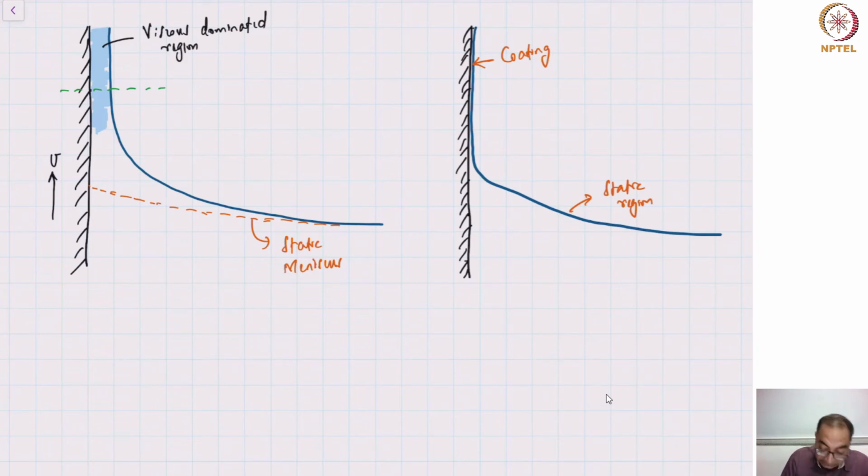Okay, in this region what you have is you have a uniform thin film. The flow is fully developed.